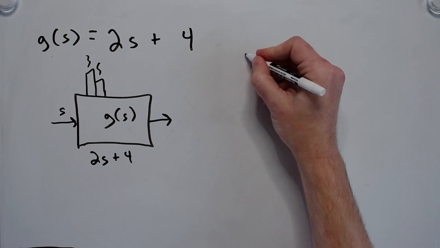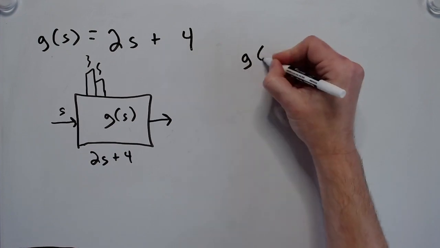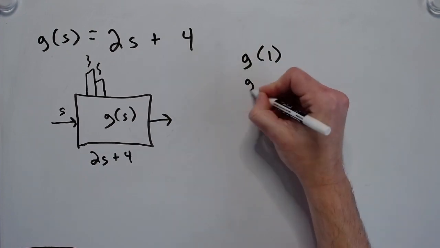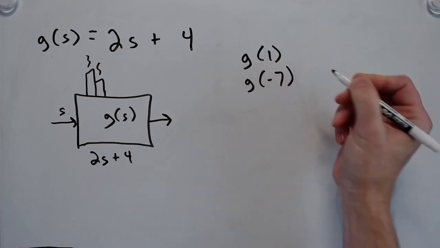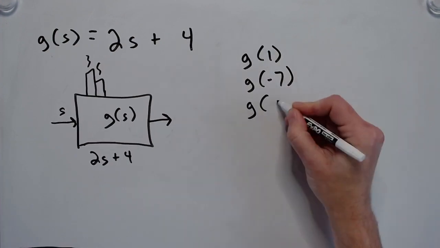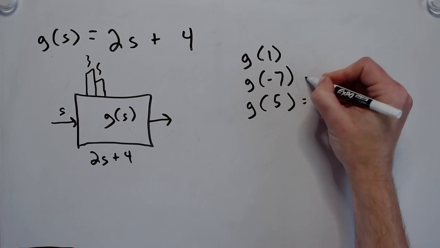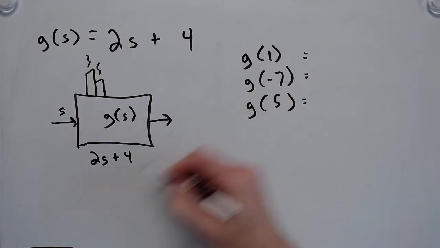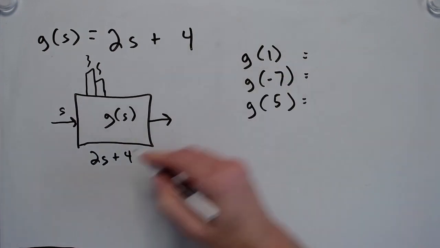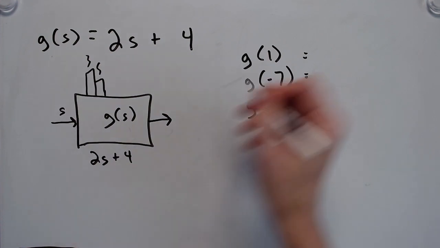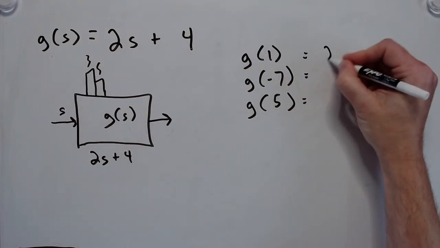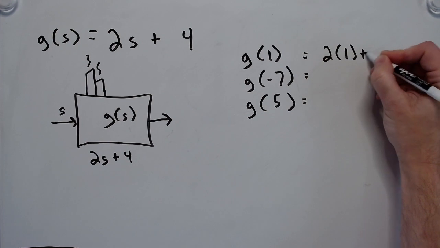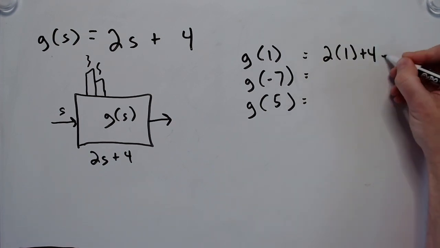So I want to find some outputs. So we're going to find g of 1, g of -7, and we'll say just g of 5 equals. So g of 1, and we're just going to spell it out here. We replace s with our input. So this would be 2 times 1 plus 4. So that's 2 plus 4 is 6.